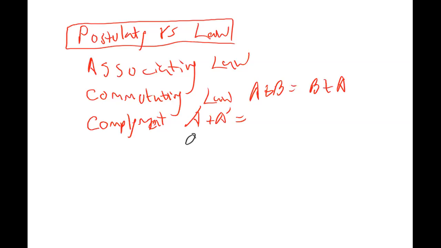Well, if A is equal to 0, 0 or 1, what's that equal? 1. If A is equal to 1, 1 or 0 must be equal to 1. So that means that A or A prime must be equal to 1. And that's the law of the complement. It's a basic postulate. So that's a good one.